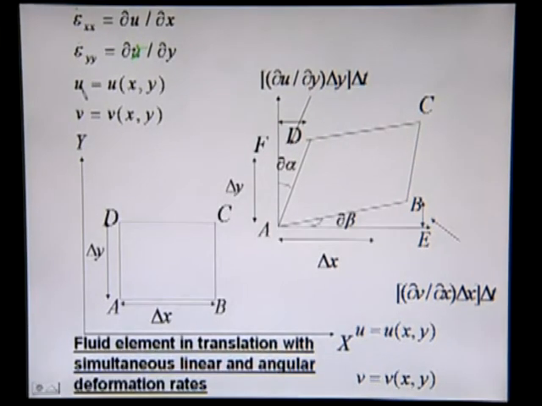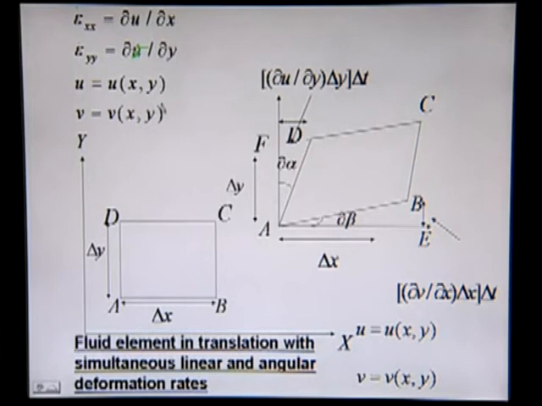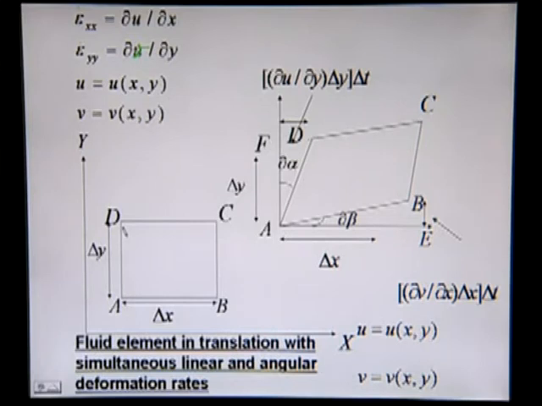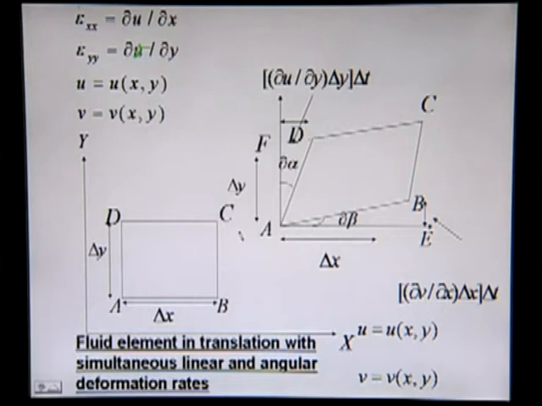Now if we have u as a function of x and y and v as a function of x and y, then what will happen? So we have a fluid element A, B, C, D in a two-dimensional Cartesian coordinate system, and if u and v both are variable in x direction as well as y direction, in that case what happens to this fluid particle having size A, B, C, D after time delta t?